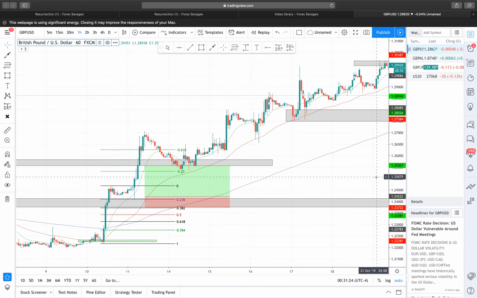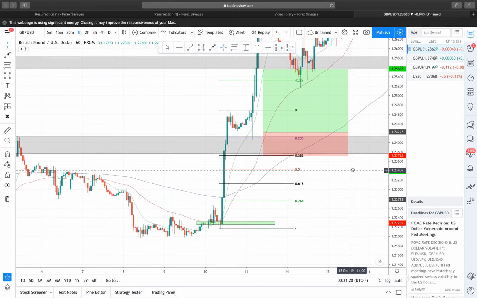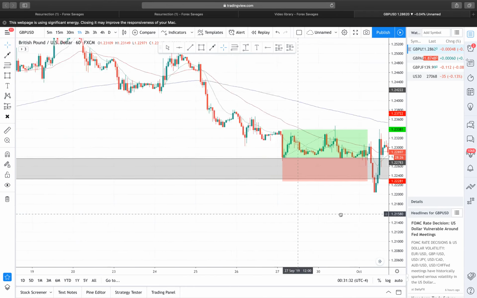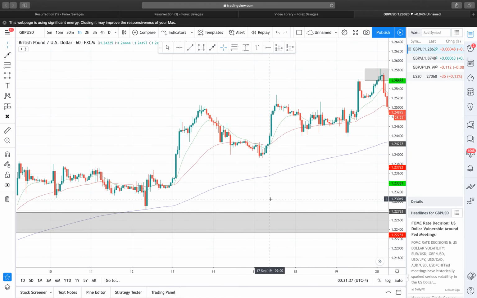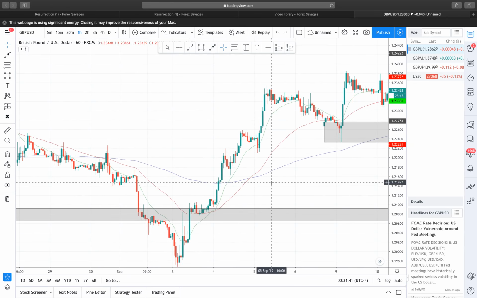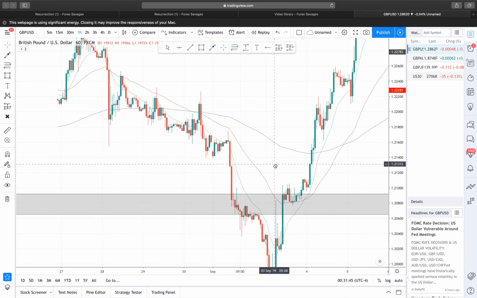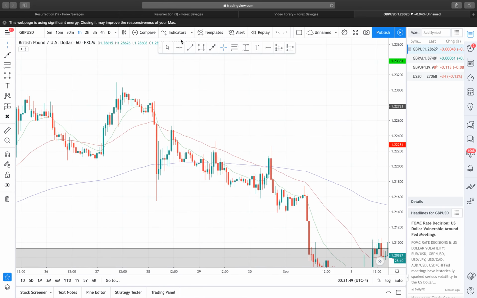So let me find another example of using these zones to find overall targets. Here's a nice little example.